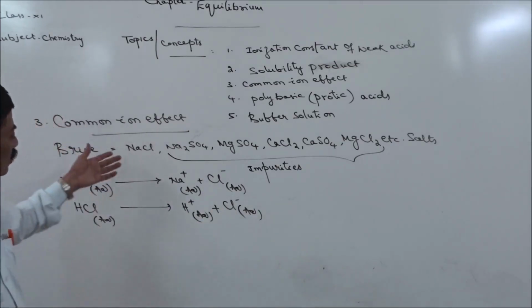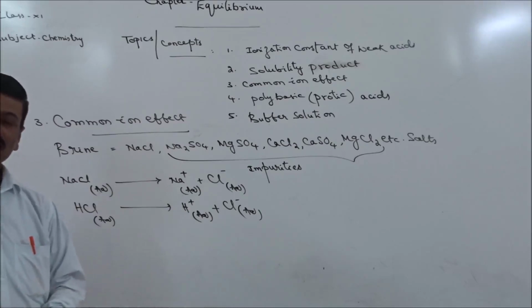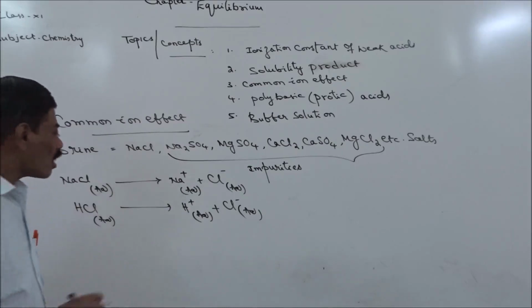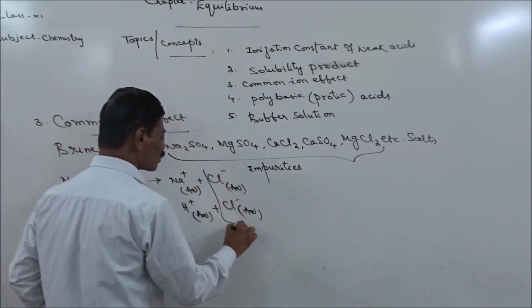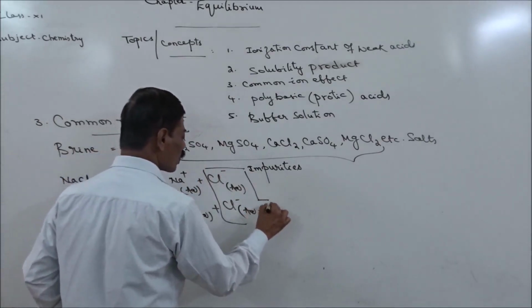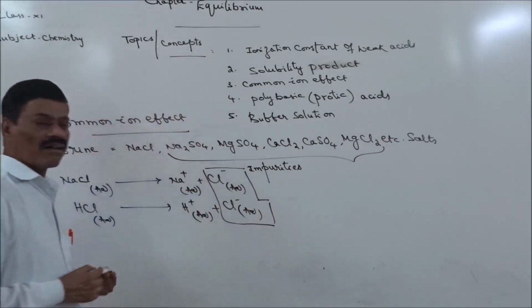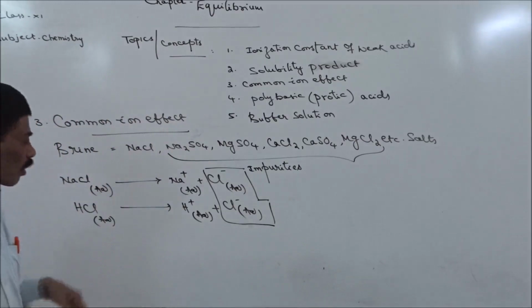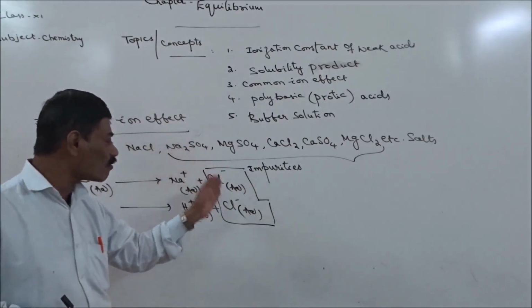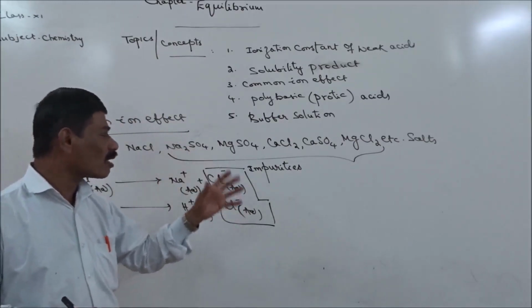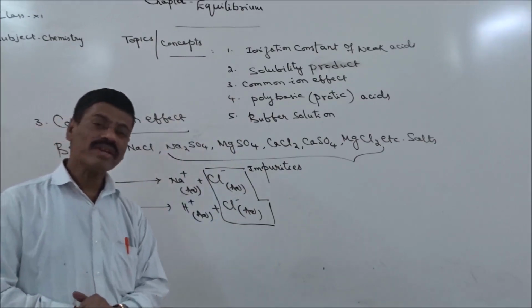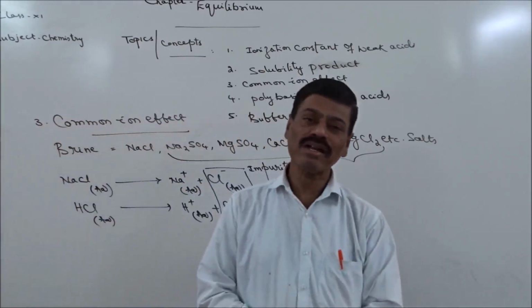Now if you observe these two equations, you can see common ions in both the cases. That is chloride and chloride ions. Product side concentration of chloride ions have become more. Now you recall Le-Chatelier's principle.